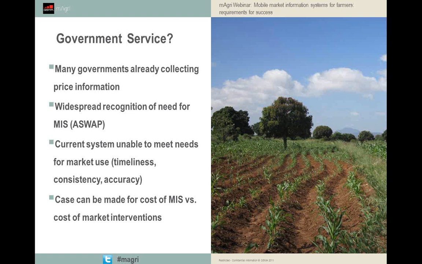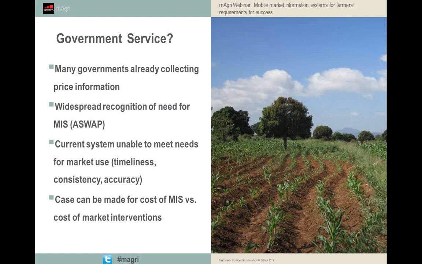There is, however, a widespread recognition of the need for MIS. ASWAPs and the CADEP understand that MIS is important and want to support it. But their current activities are not really directed at commercial markets, more towards reporting for food security.